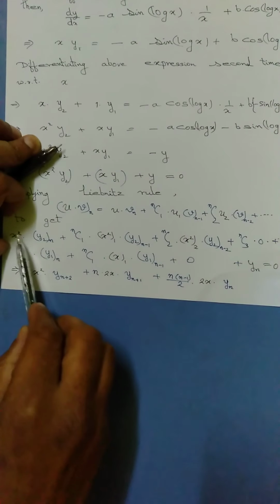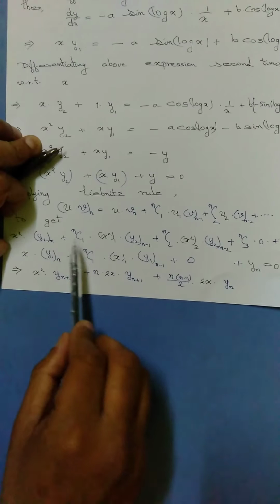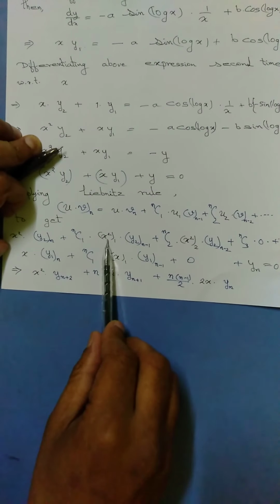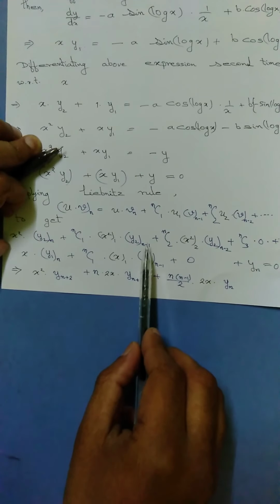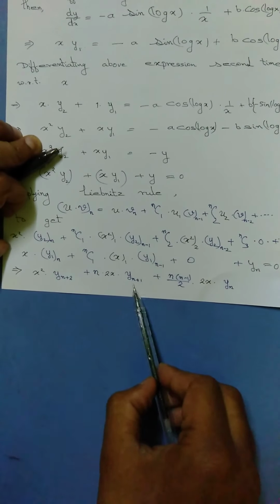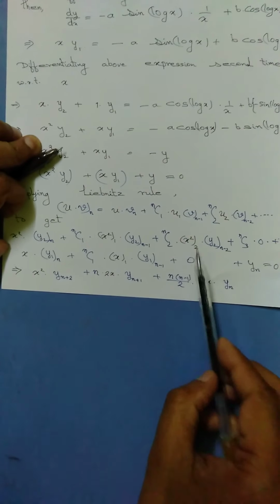That's all. We have got this expression: x square y_(n+2), n into n is n, x square first derivative 2x, second derivative and n minus 2 derivative, total n plus 1 derivative, nC2 n into n minus 1 by 2, x square.